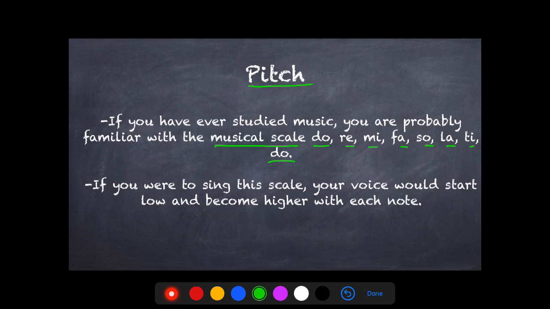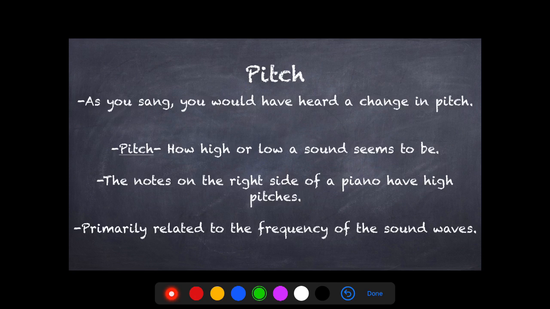And as you start to sing this musical scale, you're going to notice that your voice is going to become higher and higher and higher as you go from this do to this do. So as you sing, you are actually experiencing a change in pitch as you go from the first do to the last do, which is going to be a lot higher.